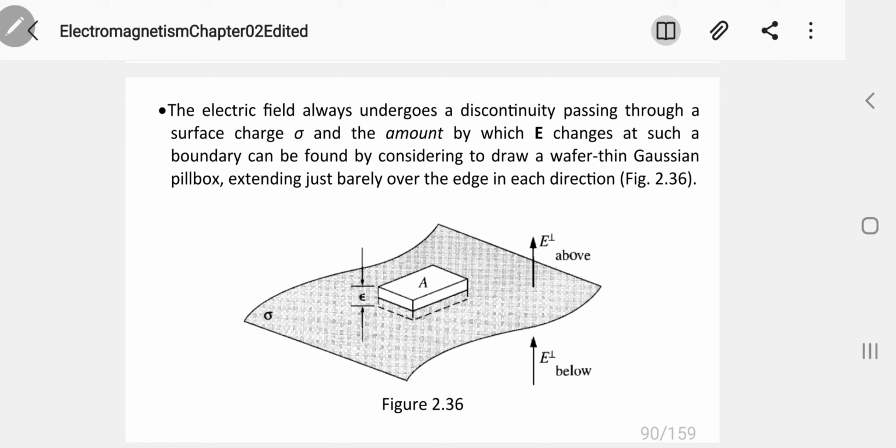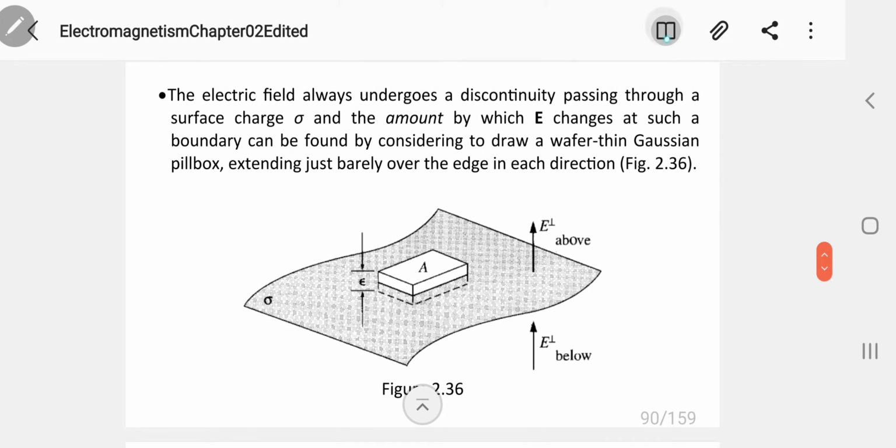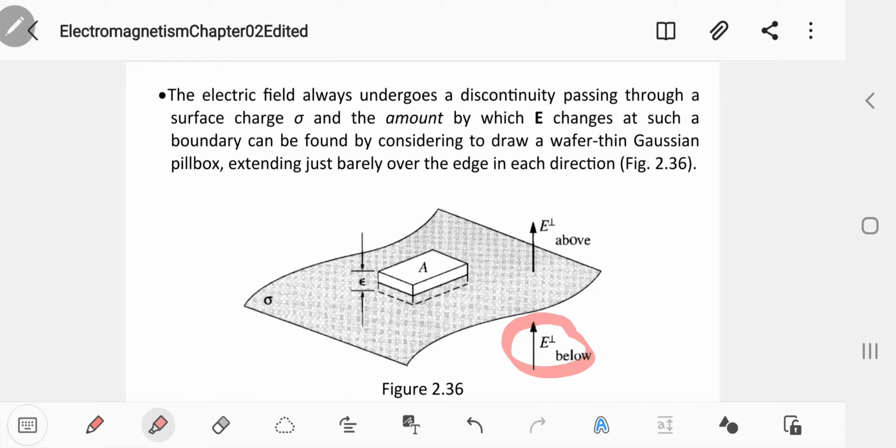Now, when the electric field passes through some boundary, for example in this figure, you have an electric field from below, and it passes through some surface, which is this surface here. And this is not an ordinary surface, because this surface has a charge distribution sigma.